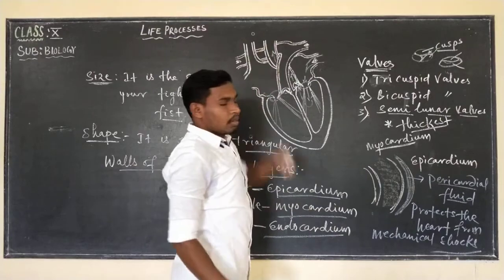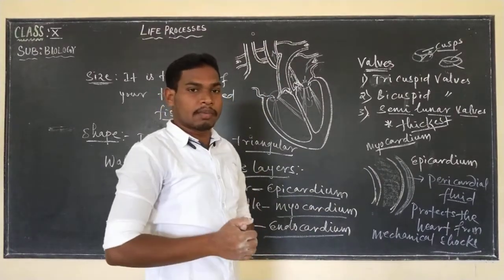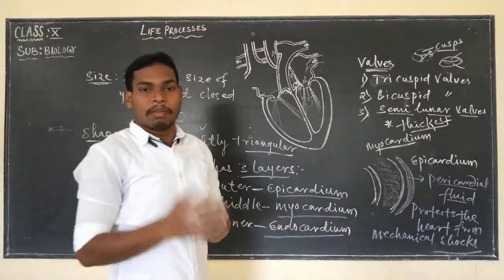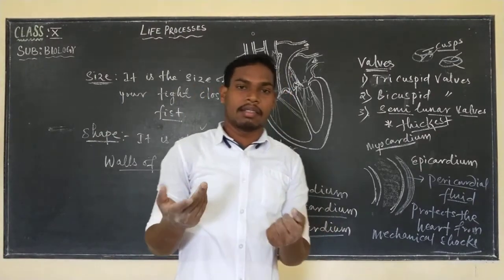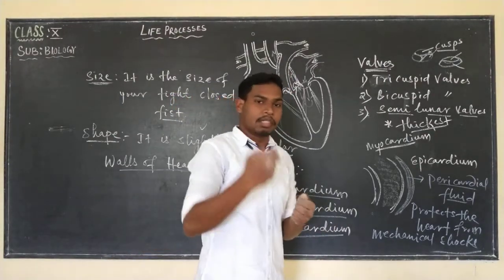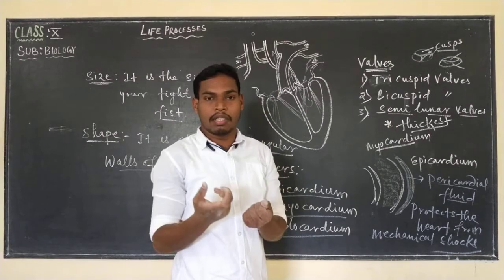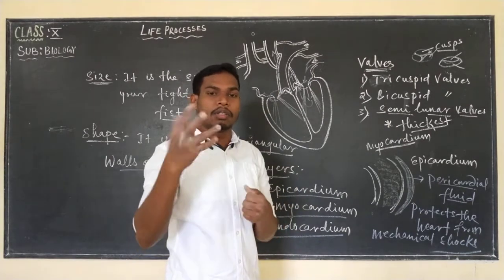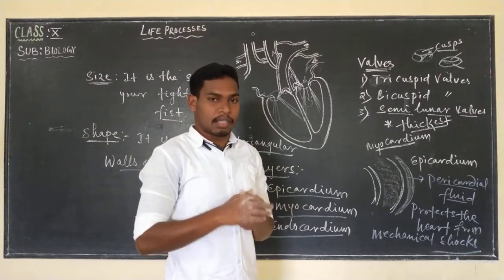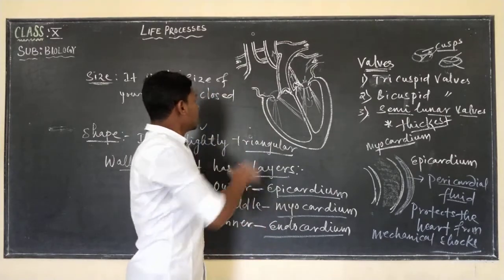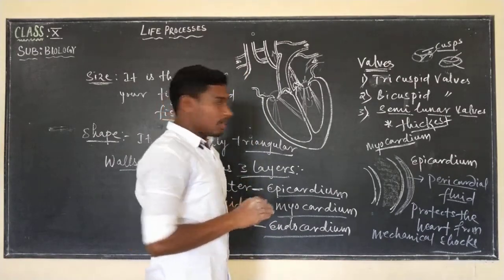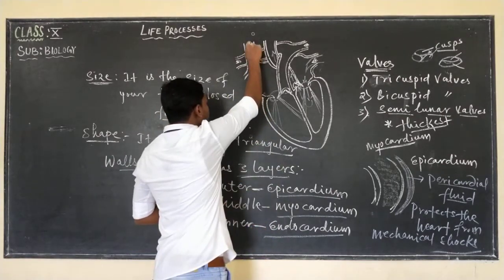So through aorta it goes to the body parts, and the body parts, they have what? Cells, different tissues. So these tissues are going to use up the oxygen and the blood is going to become what? Rich in carbon dioxide, that means deoxygenated blood. Now that blood is going to be picked up.